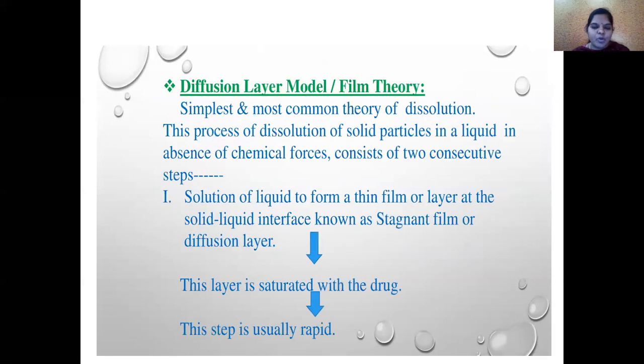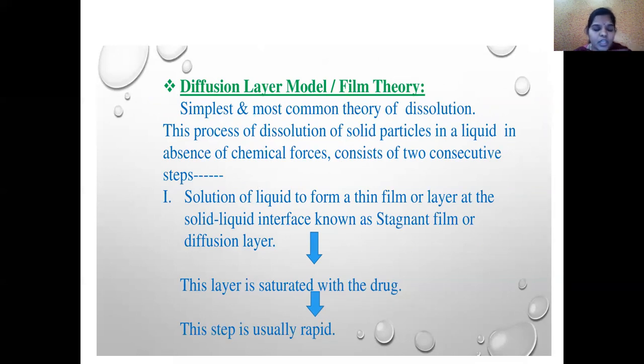Next, we will discuss the first one, the diffusion layer model or film theory. The name itself indicates where the diffusion will take place after forming a film. It is the simplest and most common theory of dissolution. This is the process of dissolution of solid particles in a liquid in the absence of chemical forces.